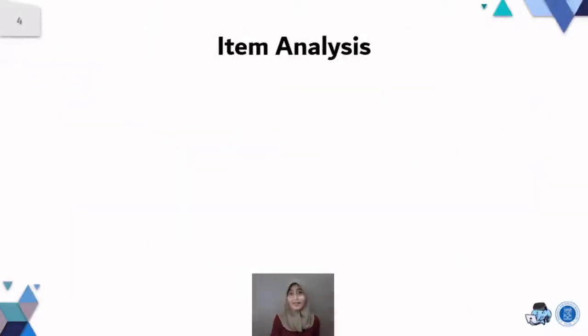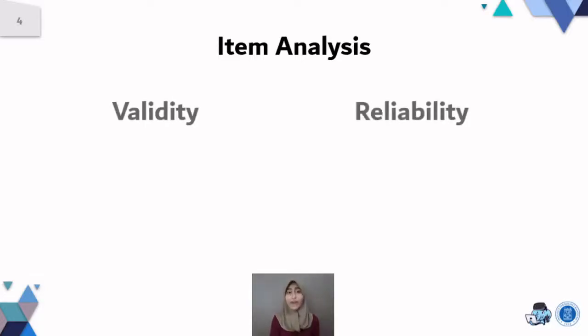Let us now examine how we can ensure that the measures developed are reasonably good. When we have an instrument that comprises sets of questions, item analysis can help us to see if the items in an instrument belong there or not. To determine whether an item or a question is good in measuring a variable, the item should be valid and reliable.